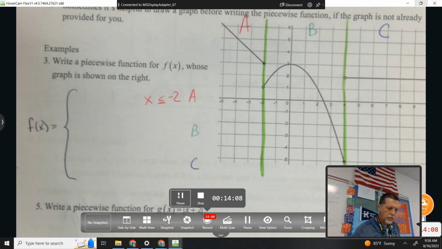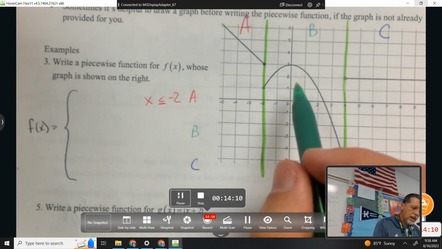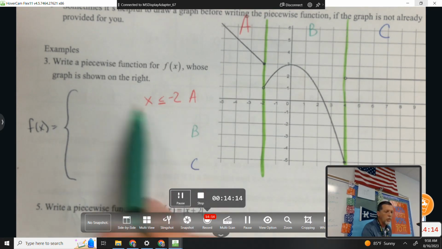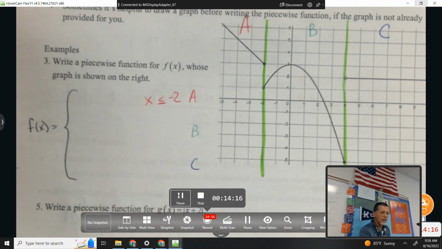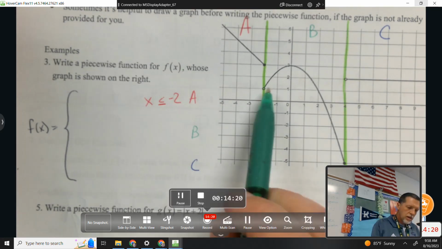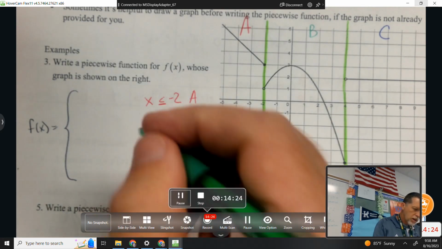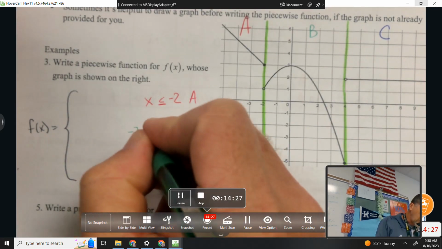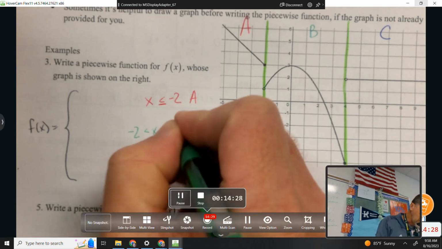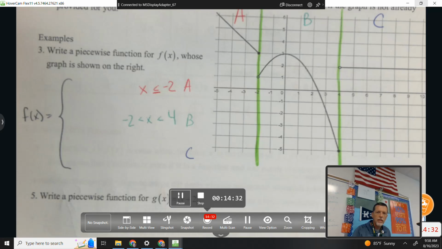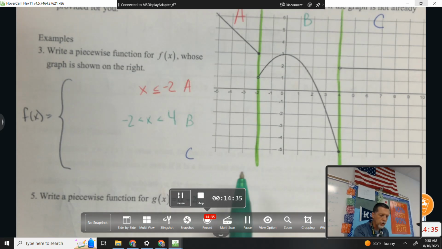All right, for part B, again, I'm doing all the x values first. I think some people would do all of part A first, but I want to get the neighborhood set, and then I'll go back and figure out the function. Part B, that's from -2 to 4. So -2 is less than x is less than 4. And then I got to worry about the equal to parts.